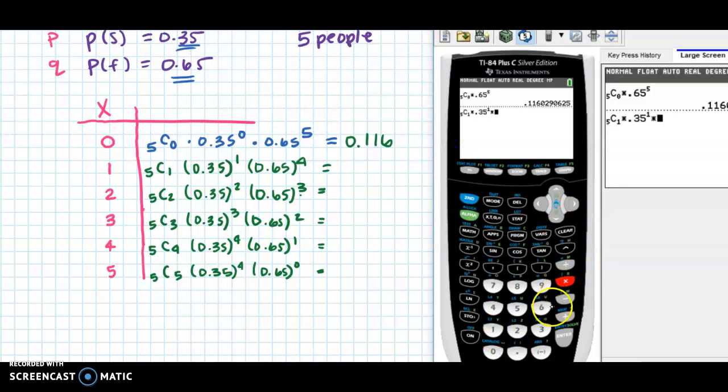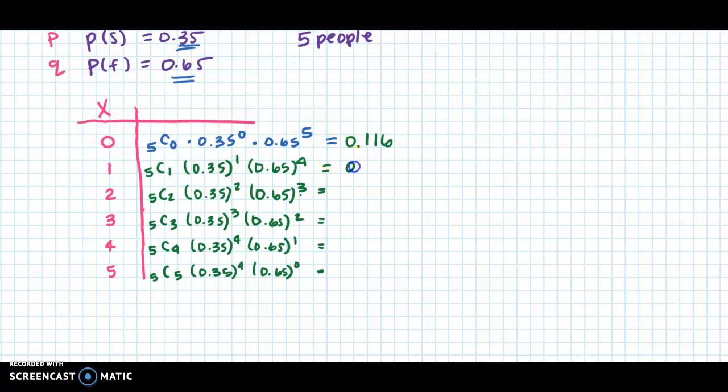So you really didn't need the power there. Times 0.65 to the 4th. And you get 0.312. And I actually have all of these figured out, so you don't need to watch me punch them all in.